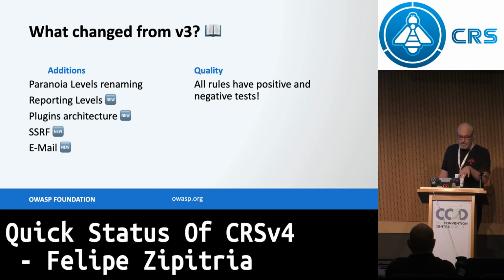Also, as I said, we have a plugins architecture that we are now finalizing on the testing side. We are going to have tests also for the plugins we are shipping. So that's another good thing. We didn't used to have tests for our exclusion rule sets. So we are shipping with exclusion rule sets that you might be using, but for example, if your WordPress version changes, you're not sure that things are really being excluded or not.